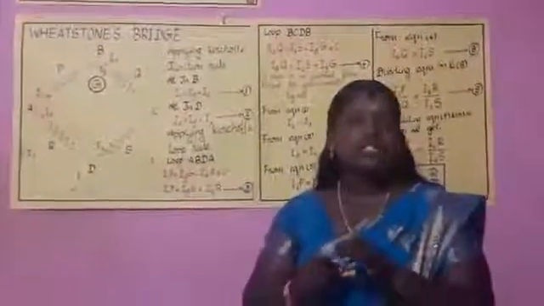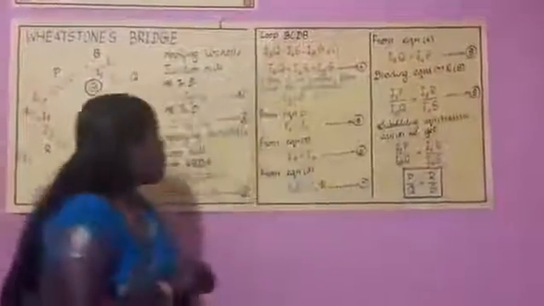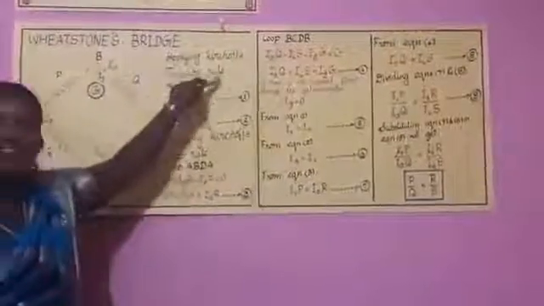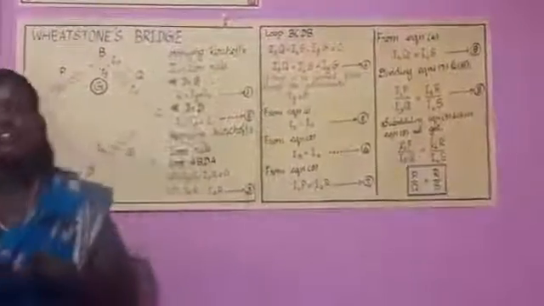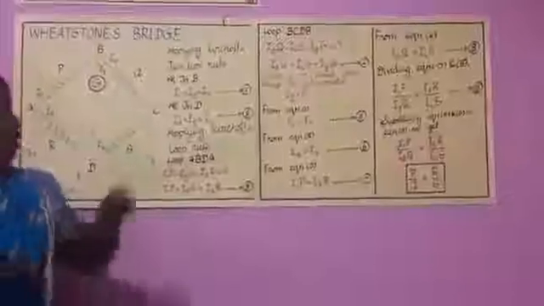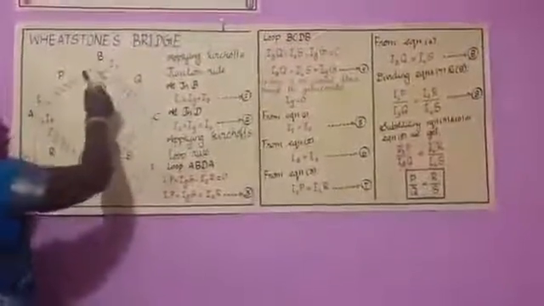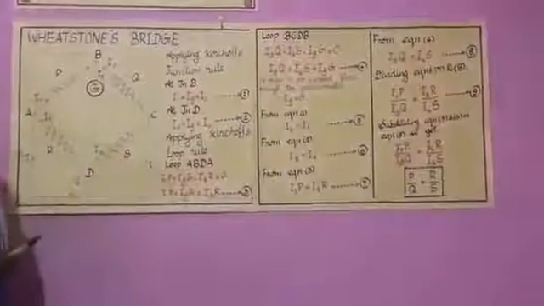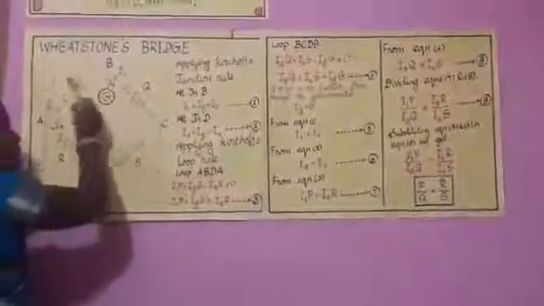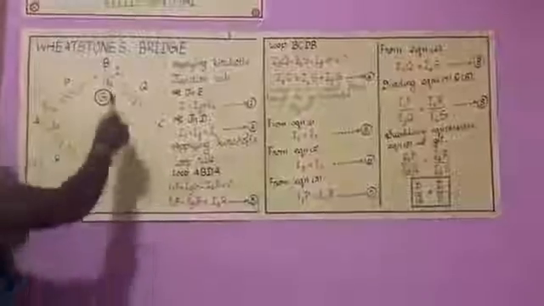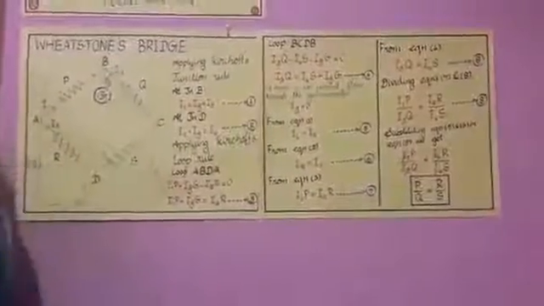Okay, the next step, we are going to apply Kirchhoff's first rule. Kirchhoff's first rule is also called the junction rule. See the first junction B: I1 current enters into this junction, Ig leaves from this junction, and I3 leaves from this junction.